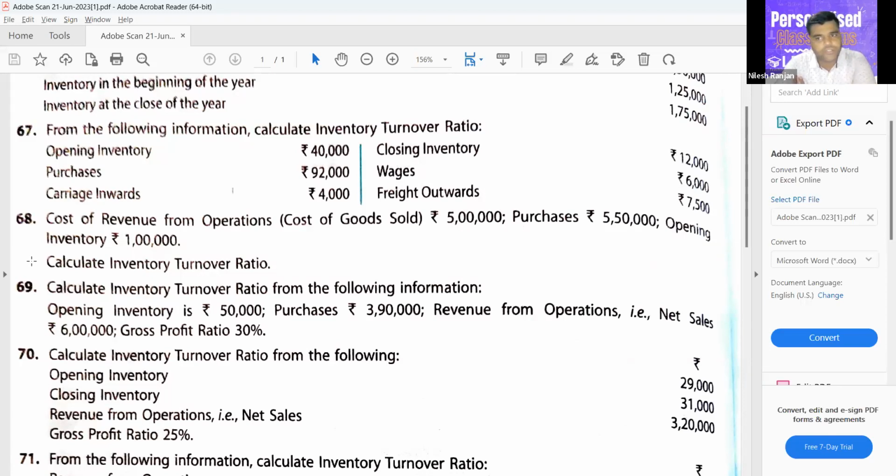If you don't understand, you can tell me. So should we define the revenue from operation? Should I define revenue from operation?